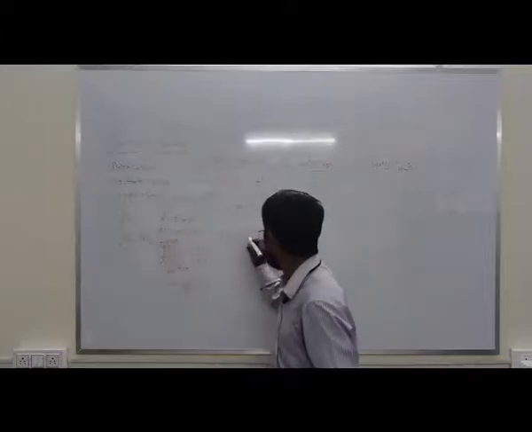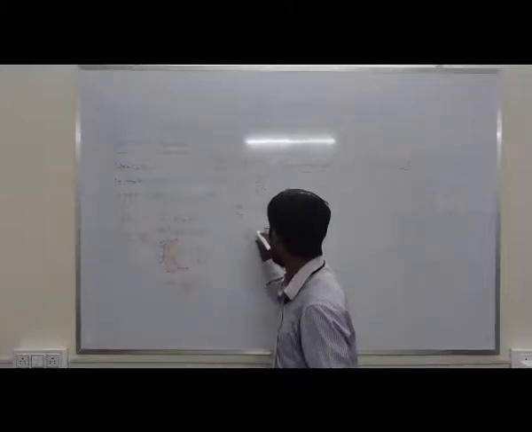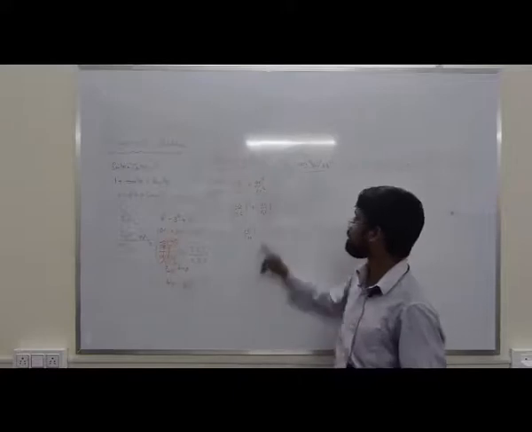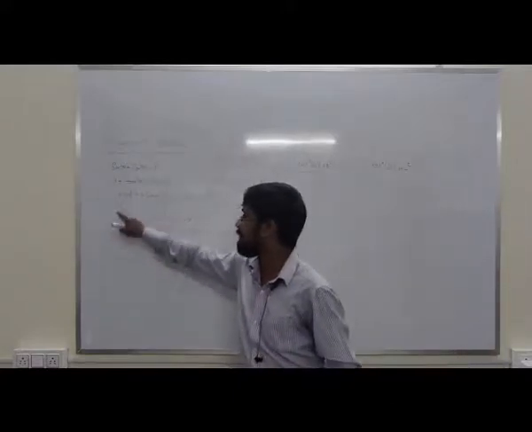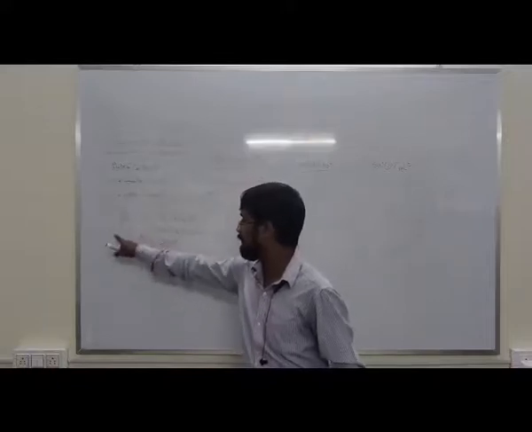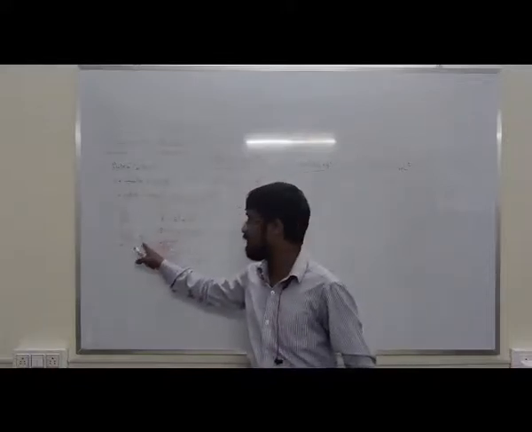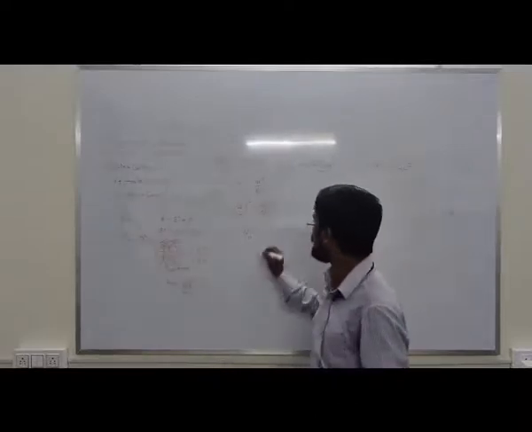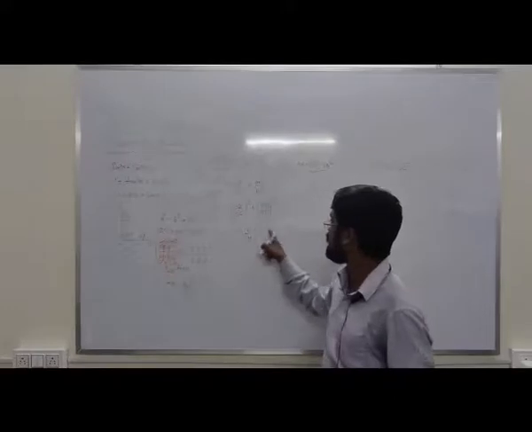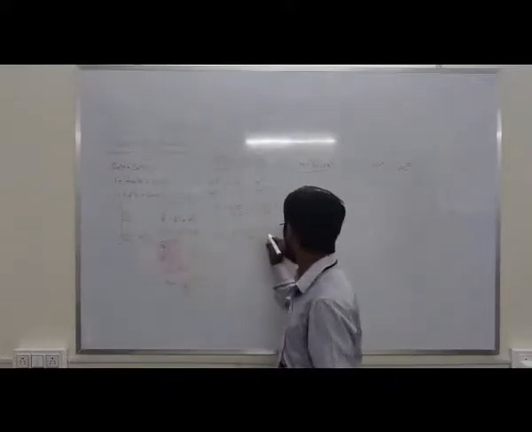BC is hypotenuse. Plus AC by BC. What is AC? AC is perpendicular, because opposite of the theta, the angle we are taking as reference, will be the perpendicular. AC is perpendicular. BC is again hypotenuse.